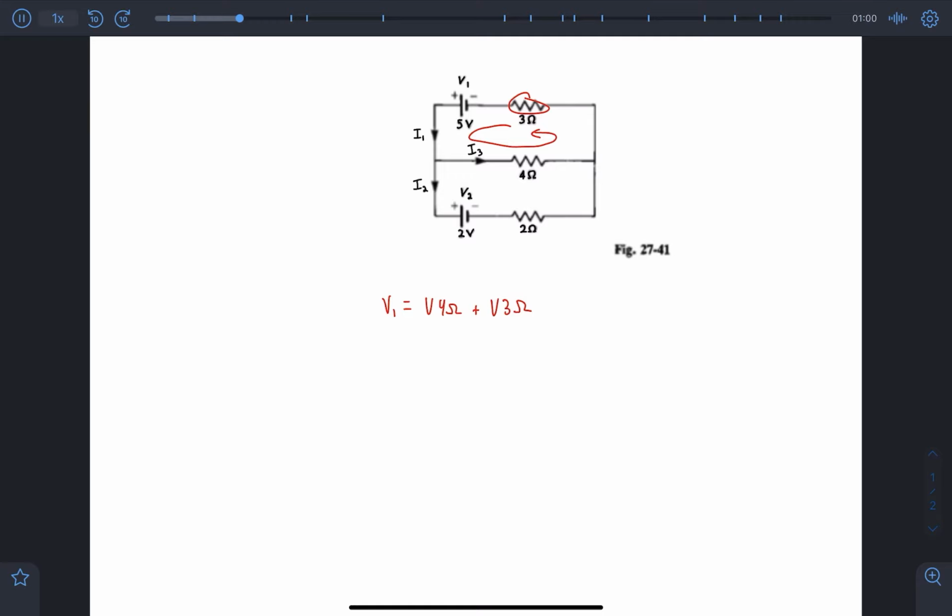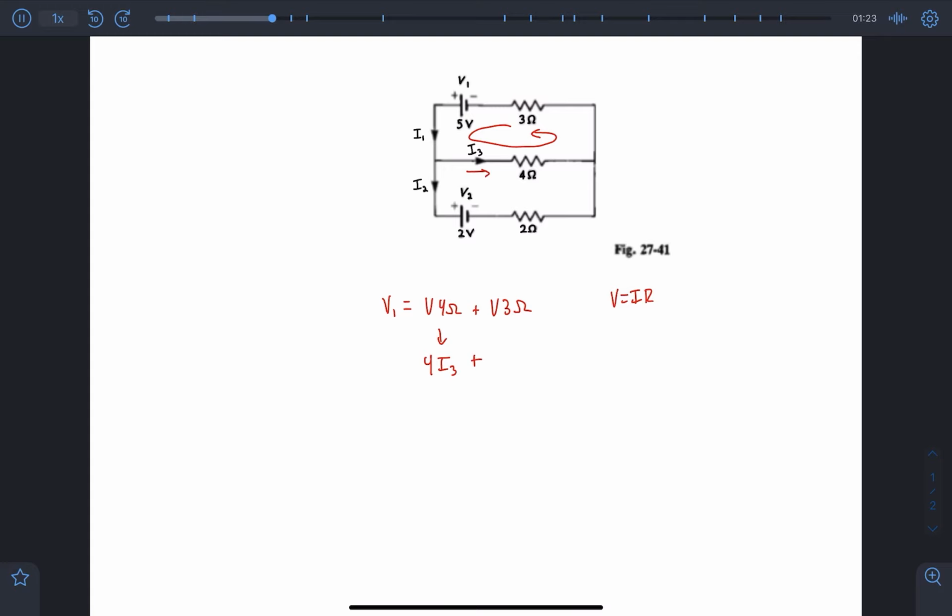And if we remember back to Ohm's law, which is that V equals IR, we know that the voltage drop across the resistor is the current through the resistor times the resistance of the resistor. And so we can just say that the voltage drop across the 4 ohm resistor is equal to 4I3, because the current through that resistor is I3.